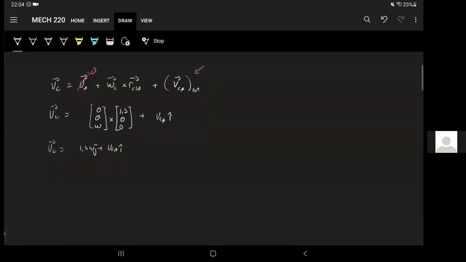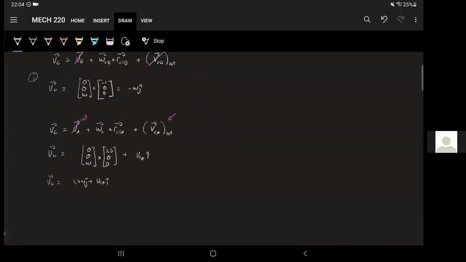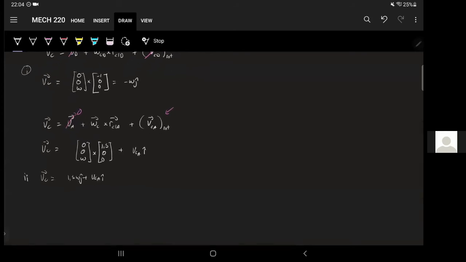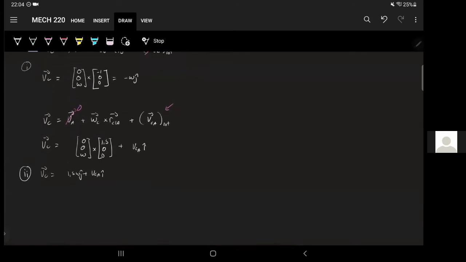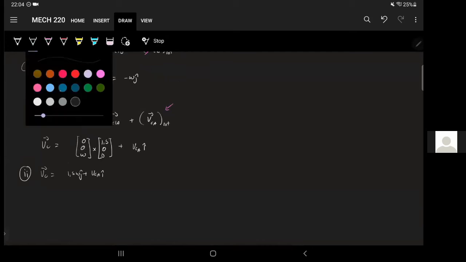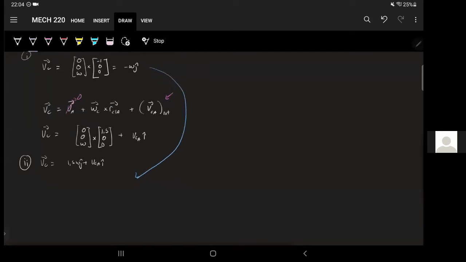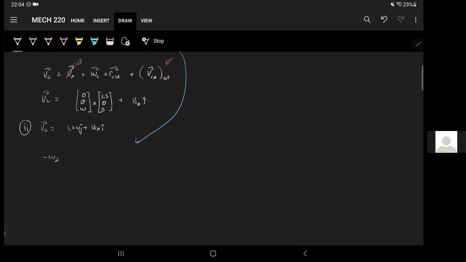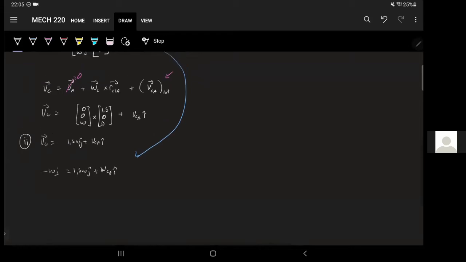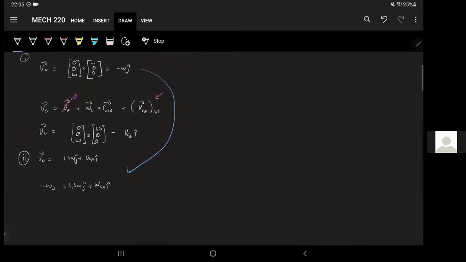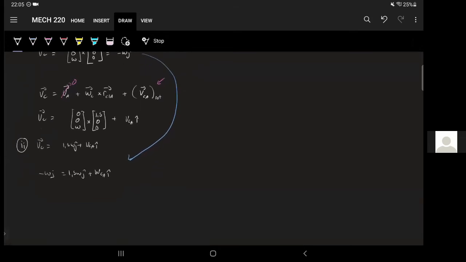All right, now we're good for the next step, which is mixing these two equations together. I'm going to bring this one down here: minus omega j equals 1.5 omega j plus V CA i.